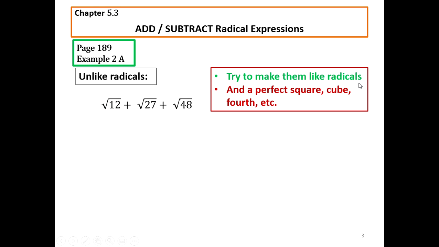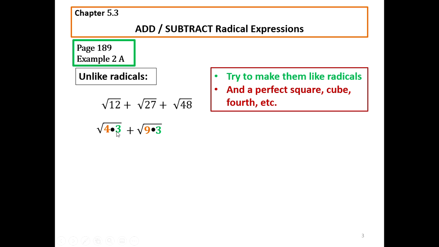We're going to factor two factors and make one of them a perfect square, cube, or fourth, just like we did before. I'm going to pick two factors, one of them a perfect square, the number 4. Here for the 27, I'm going to pick two factors, one of them a perfect square. Notice that the 3 and the 3 will still stay there after I take out the squares.